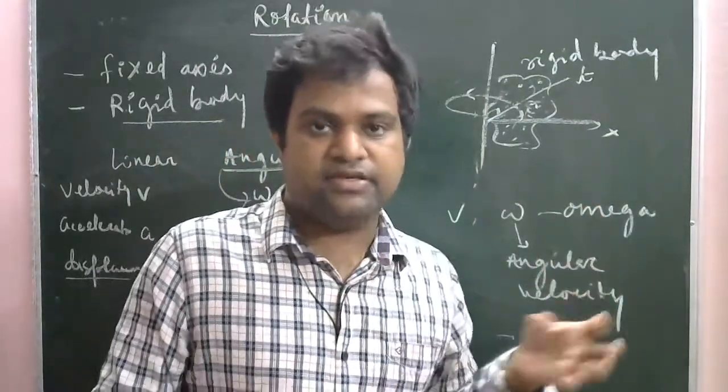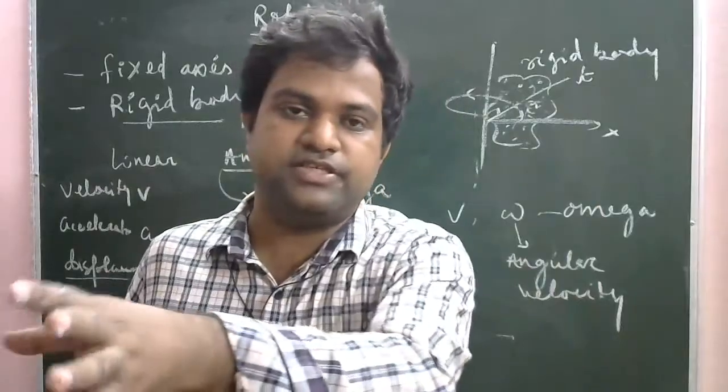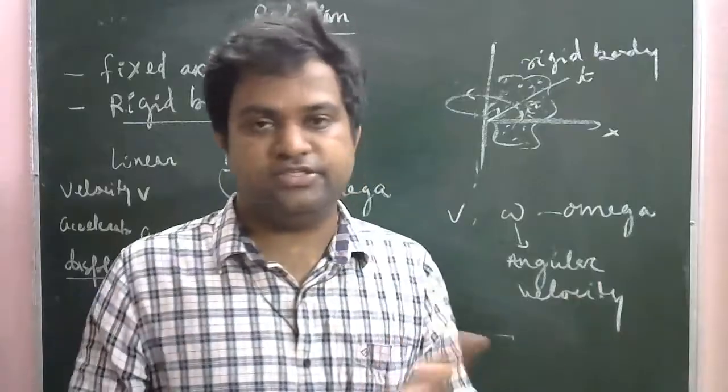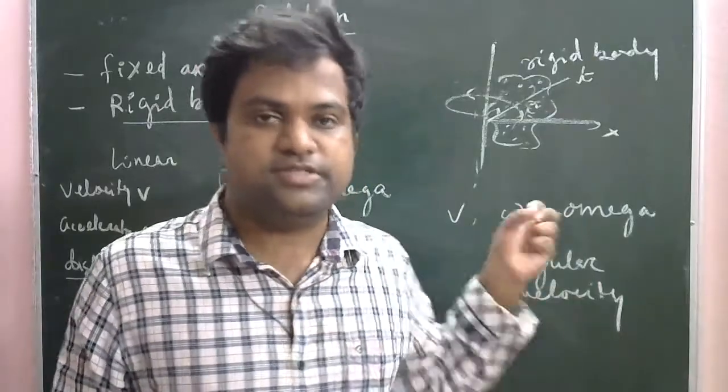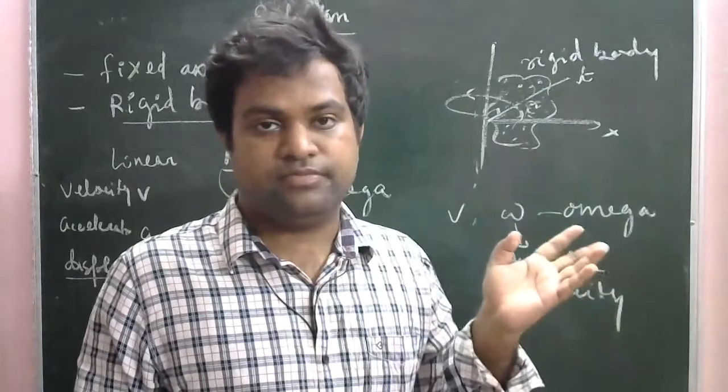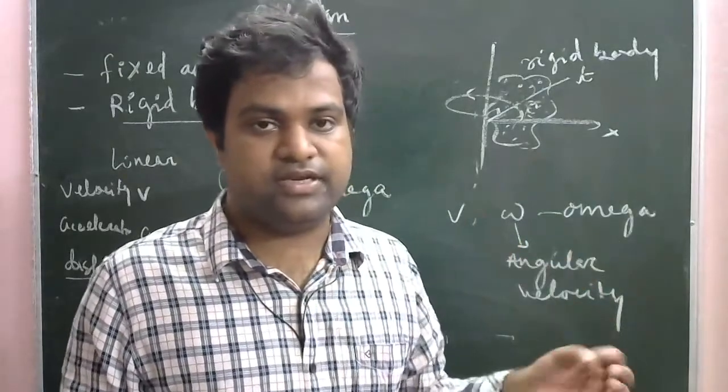Like in the linear case, if an object is moving with a constant velocity, then the acceleration is zero. V final minus V initial is zero, so acceleration is zero. So here also, if the object has a constant angular velocity, there will be no acceleration.